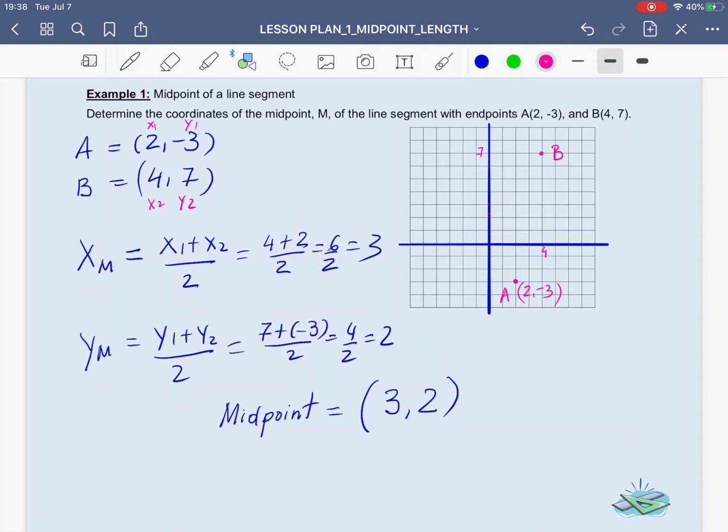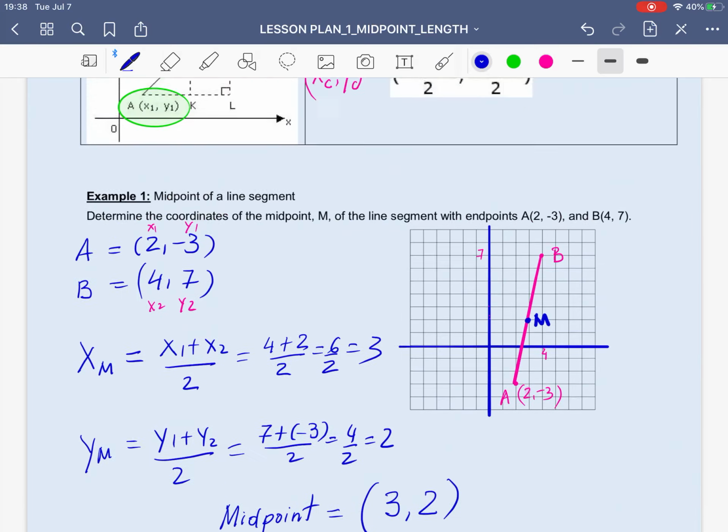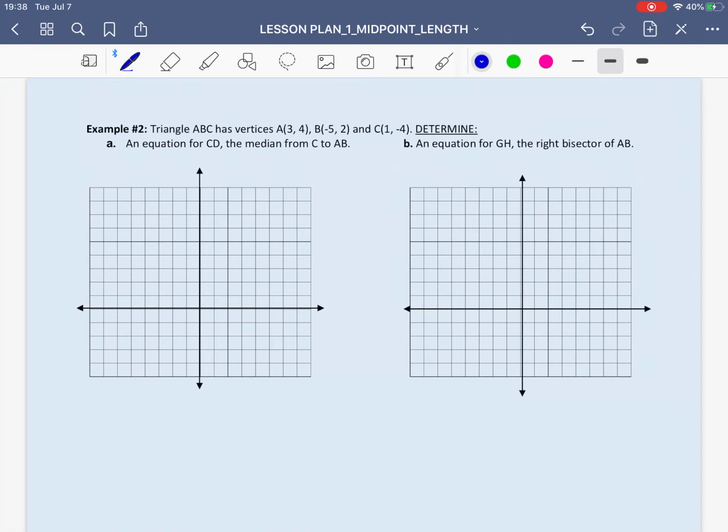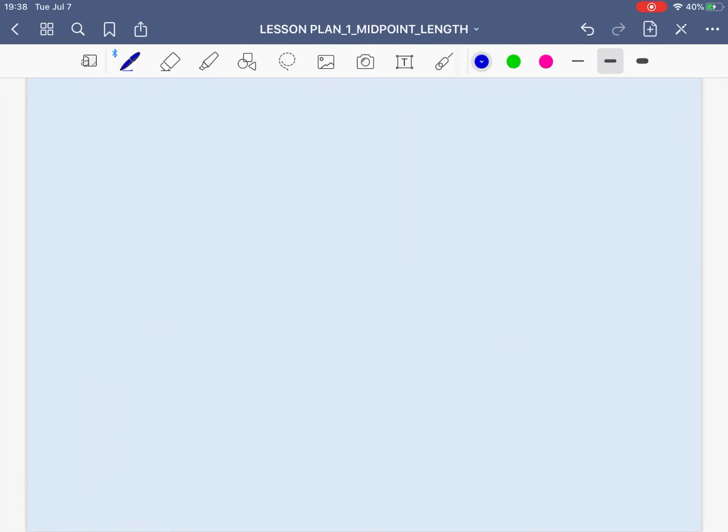We'll connect the 2 points together. And it seems that the midpoint is at x equals 3 and y equals 2, which is right here. That's the midpoint.